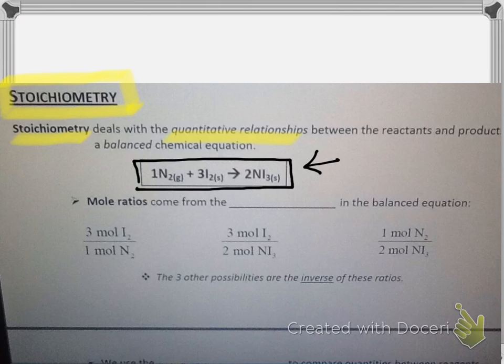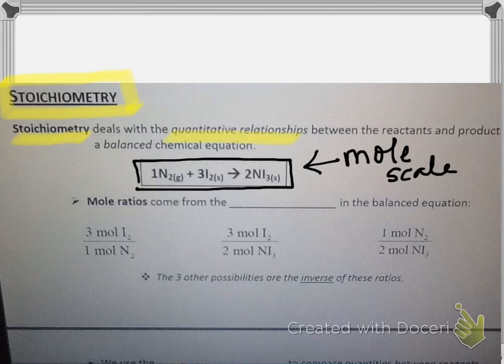Now, I just read that chemical equation on the molecular level. But remember that I can also read chemical equations on the mole scale. And that's the quantitatively large scale that we typically manipulate chemicals in. So stuff you would weigh out in the lab. So let me read that again. I could also read that as 1 mole of nitrogen molecules plus 3 moles of iodine molecules yields 2 moles of nitrogen triiodide.